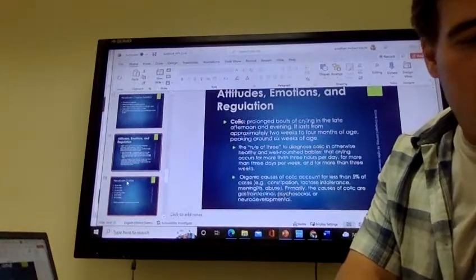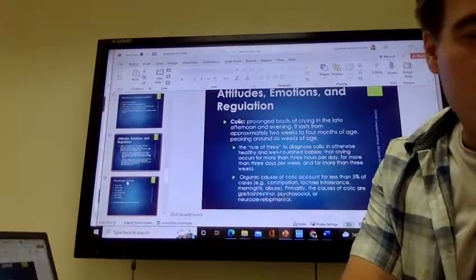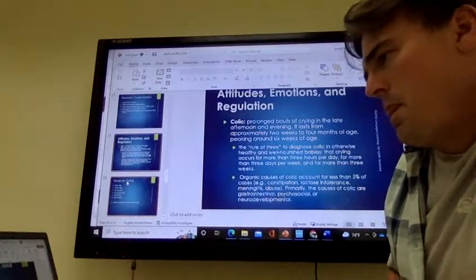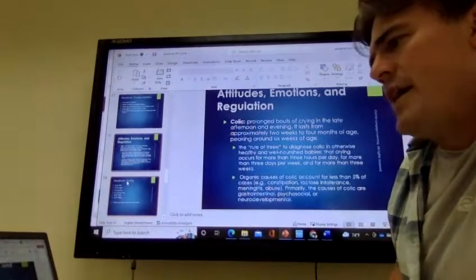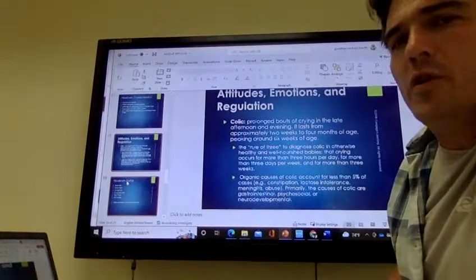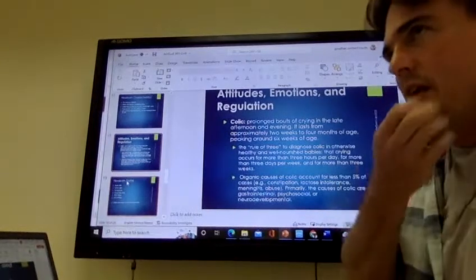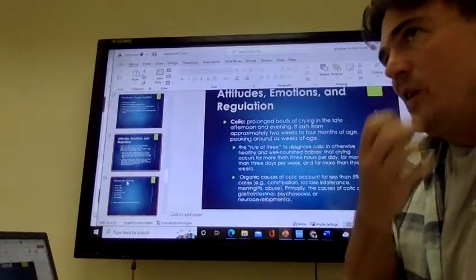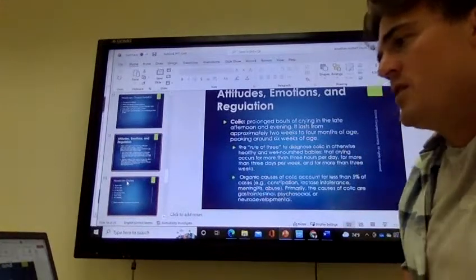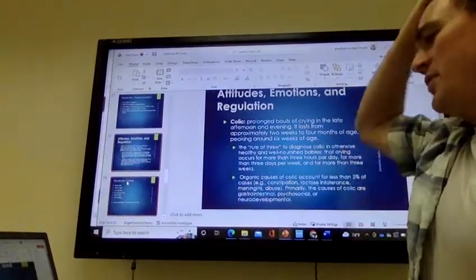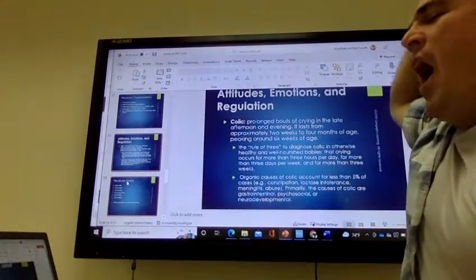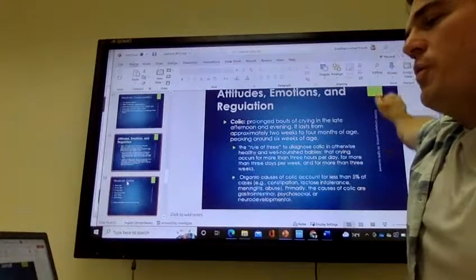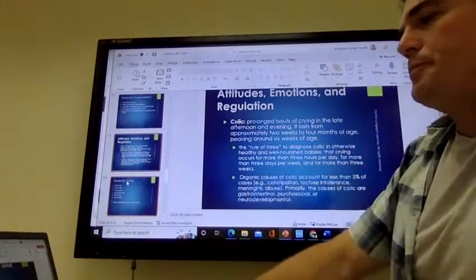It could also be meningitis and even abuse. So that's why, as a social worker, you have to be keen on observing these if the child is brought to you in that case. Primarily, the causes of colic are gastrointestinal or psychosocial or even neurodevelopmental.